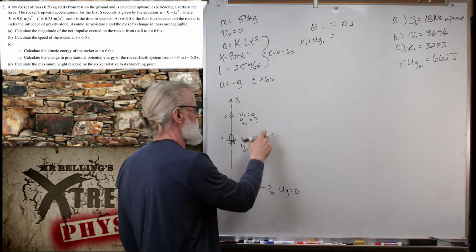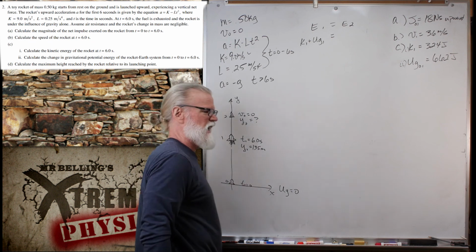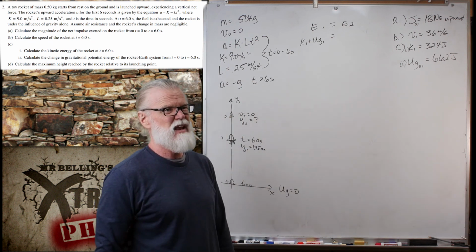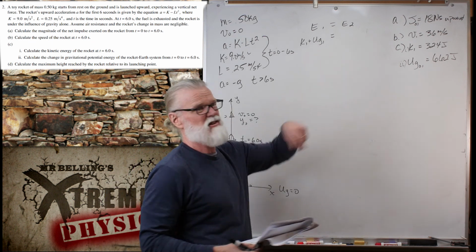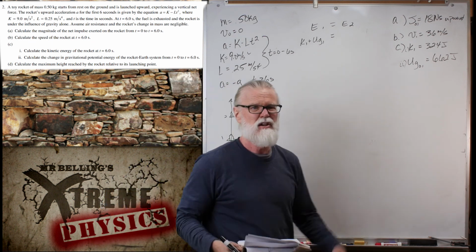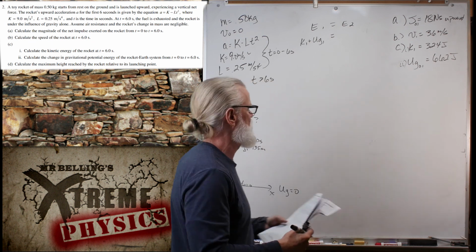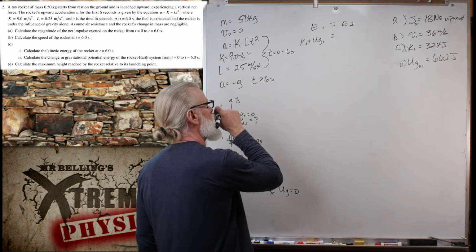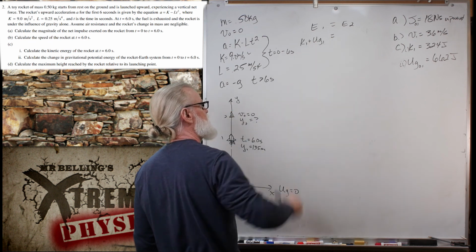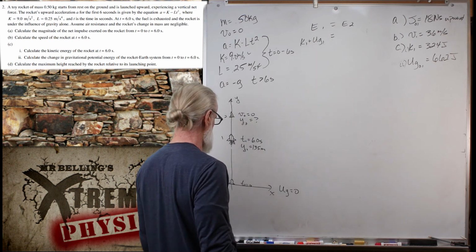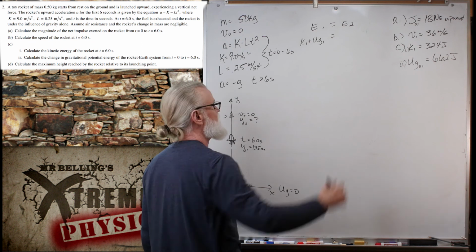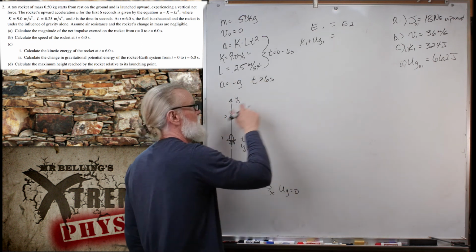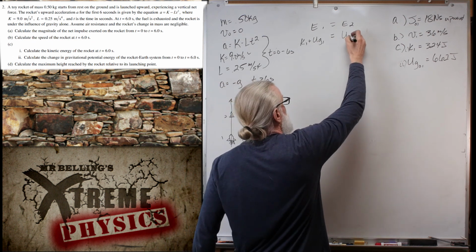No work is being done between here and here. Now you can look at it in a certain sense and say that gravity's doing negative work, except that it's taken into account with our gravitational potential energy. Gravity is internal to the system; we're including the Earth in the system in this case. We can tell because we're using gravitational potential energy. Kinetic energy at 2 is 0. It has no kinetic energy, but it does have gravitational potential energy.